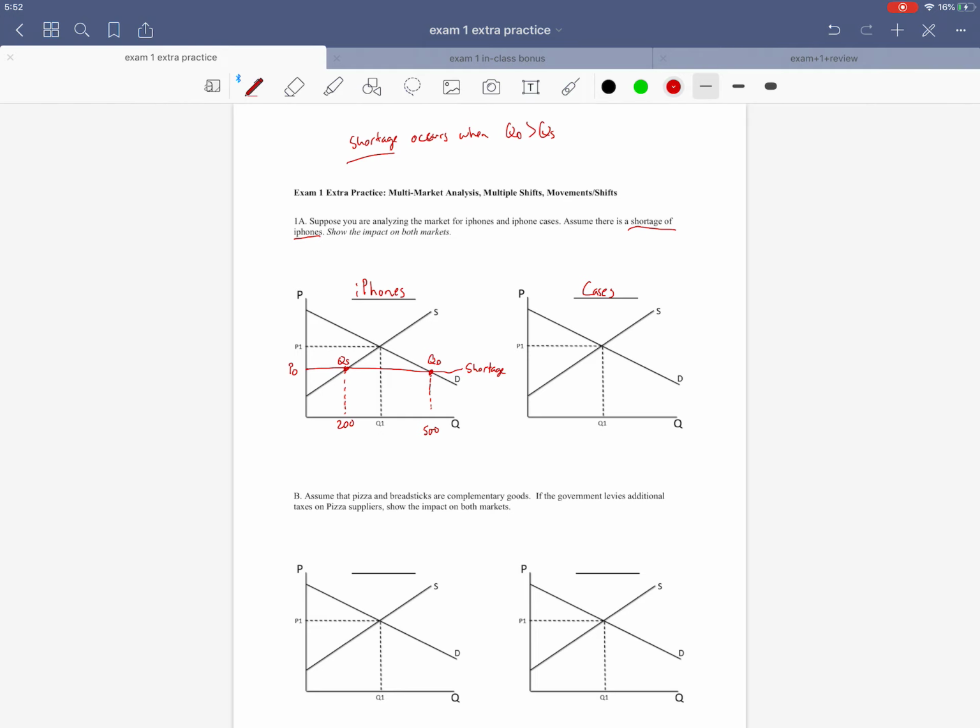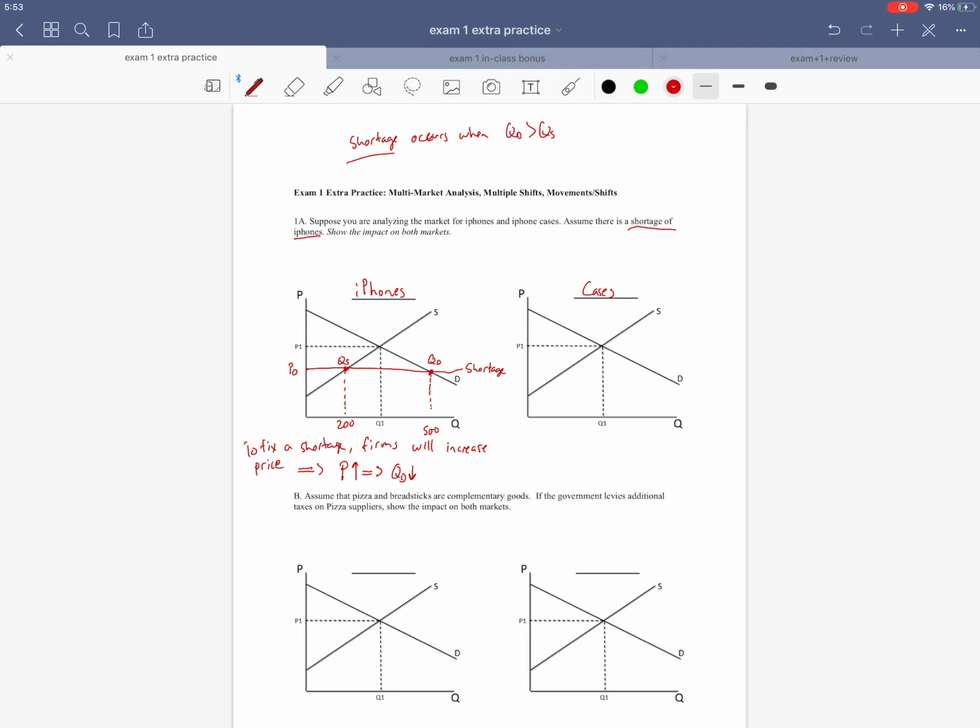So we're showing a shortage, and then what's going to happen in both markets. As I mentioned already, in order to fix a shortage, firms are going to increase the price. According to our law of demand, anytime price goes up, quantity demanded is going to go down.